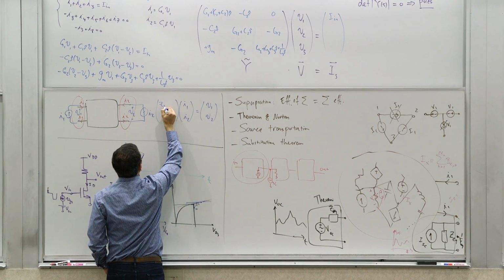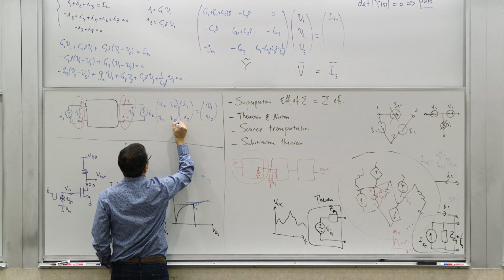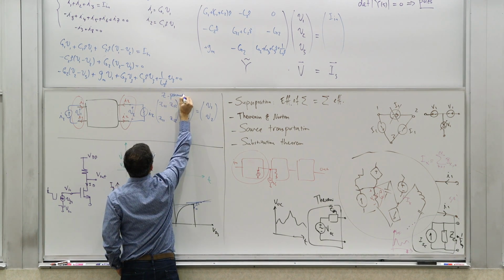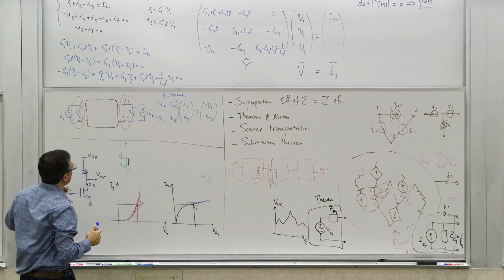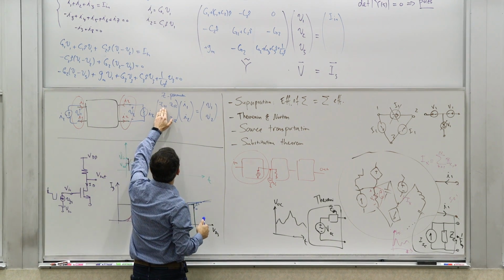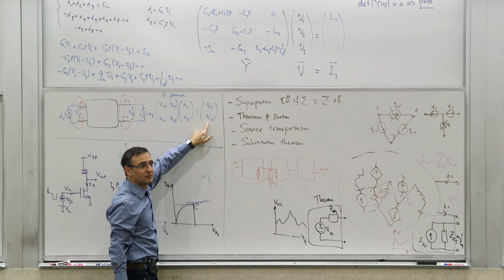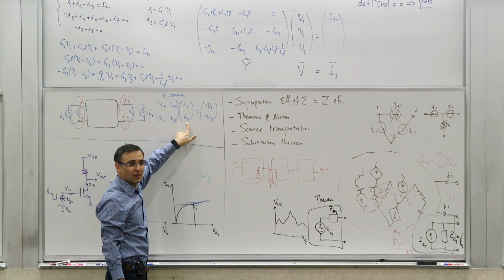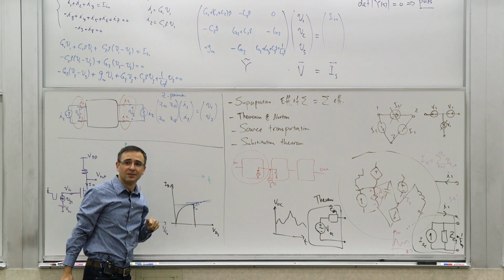And that matrix is Z11, Z12, Z21, Z22, and these are called Z parameters. And they're easy to find. We'll talk about them in a little more detail later when we need them. For example, Z11 is the ratio of V1 to I1 when V2 is 0. I'm sorry, when I2 is 0.